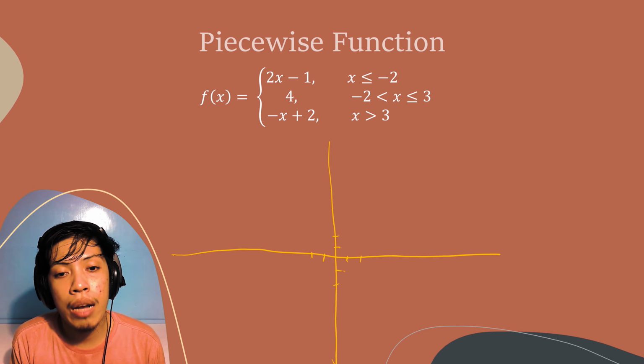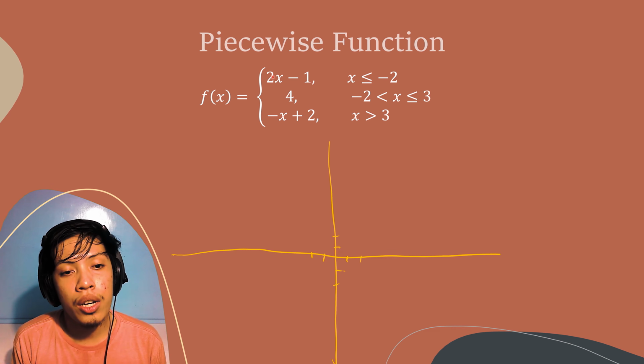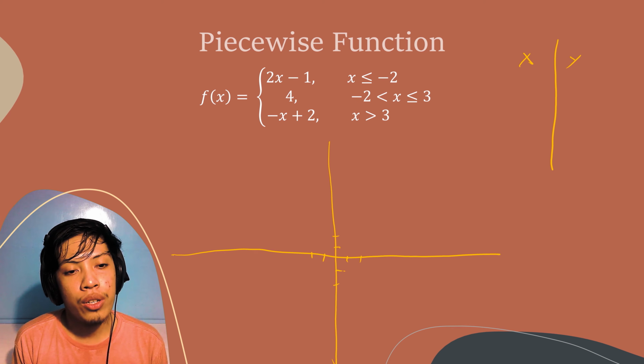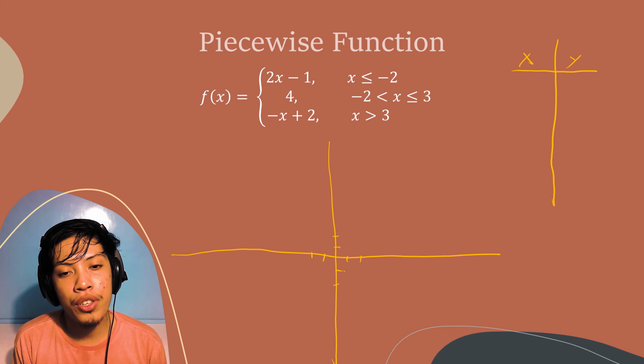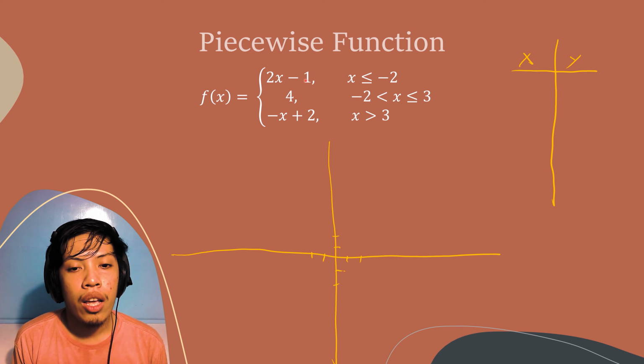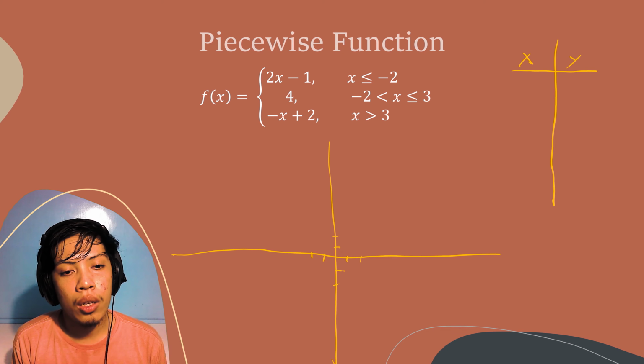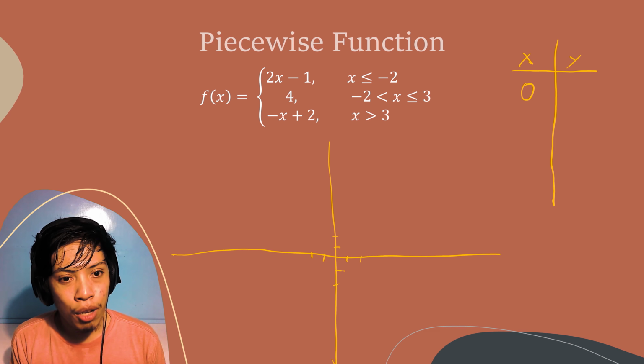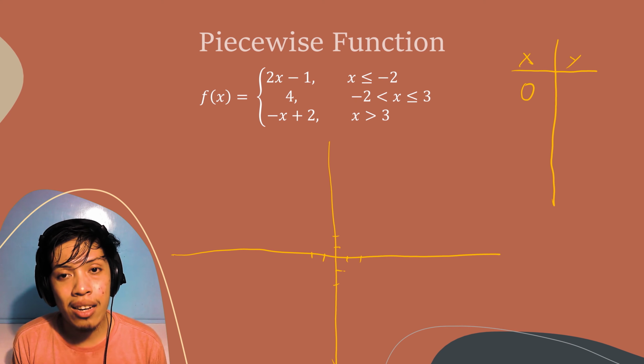We have here the table of values, x and y. We're trying to understand the behavior of the graph of the first line. Suppose x is 0, can we substitute 0 for x in the first line?